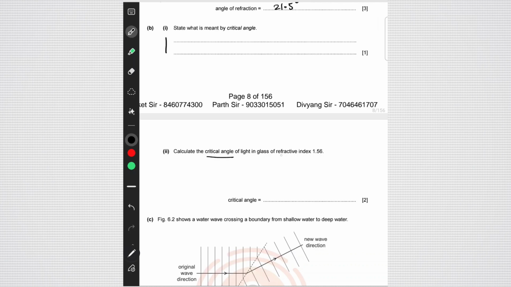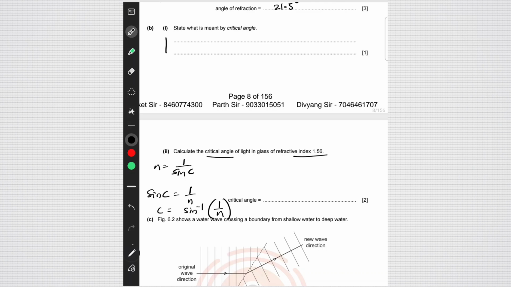Calculate the critical angle of the light in glass of refractive index 1.56. So now from the above, I'll write it one more time. You have n is equal to 1 by sine C. So sine C is equal to 1 by n, and therefore C is equal to sine inverse of 1 by n.